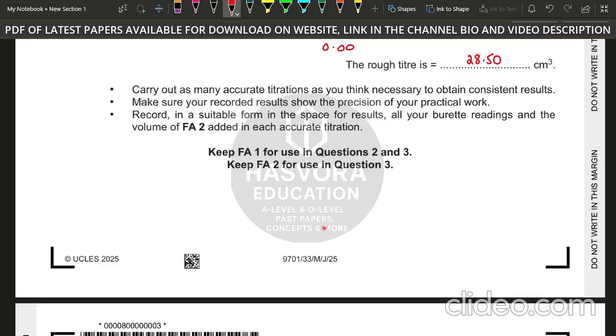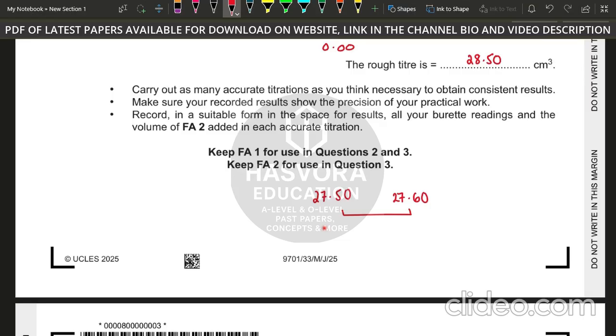What do I mean by concordant results? Concordant results are results which have a difference of 0.1. For example, if I have one reading at 27.50, then the other should be 27.60. Now these two are concordant results.